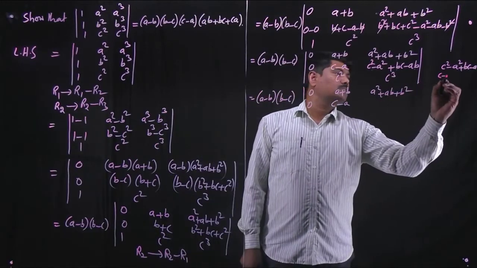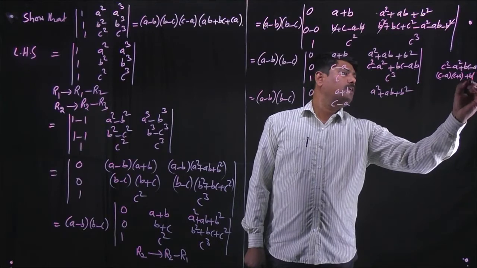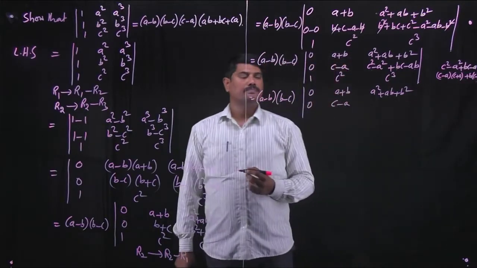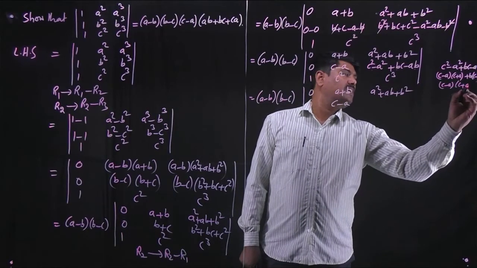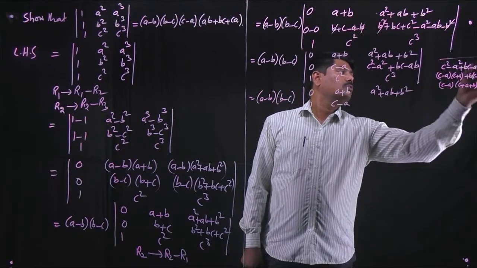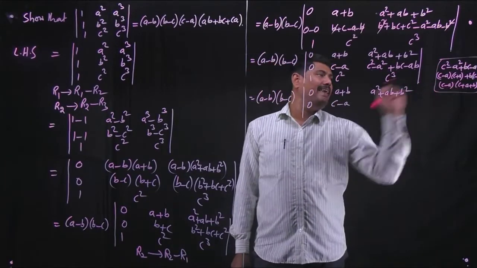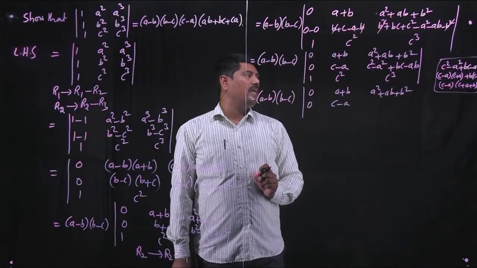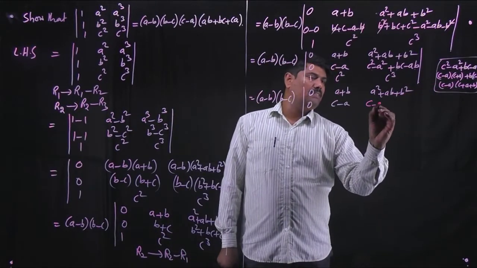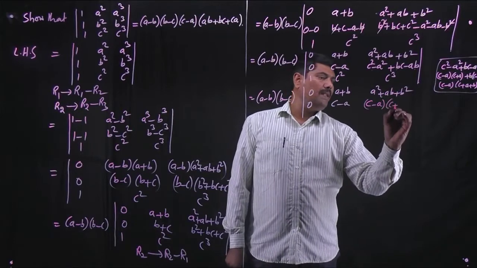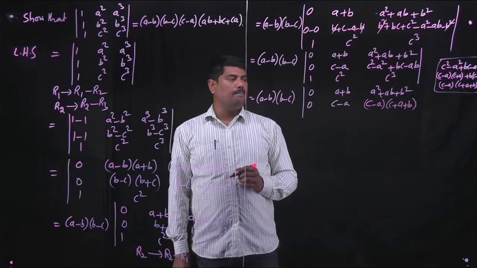You can write C square minus A square as C minus A into C plus A. Separating B, you will get C minus A. Again separating C minus A, you will get C plus A plus B. So the second row third element calculation I did here, C square minus A square plus BC minus AB, simplifies to C minus A into C plus A plus B.